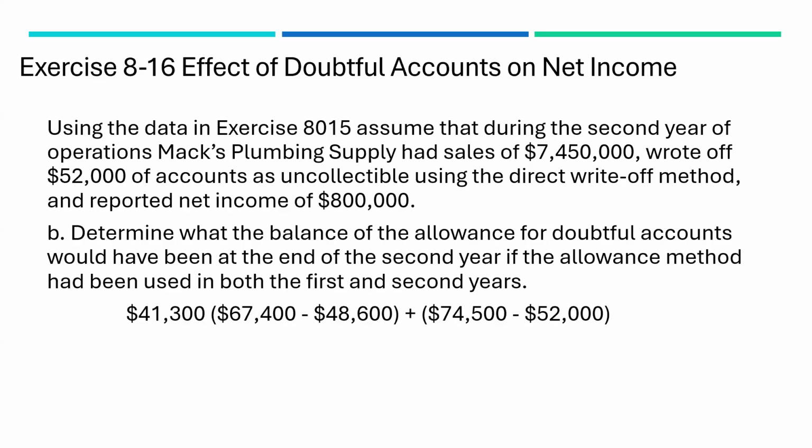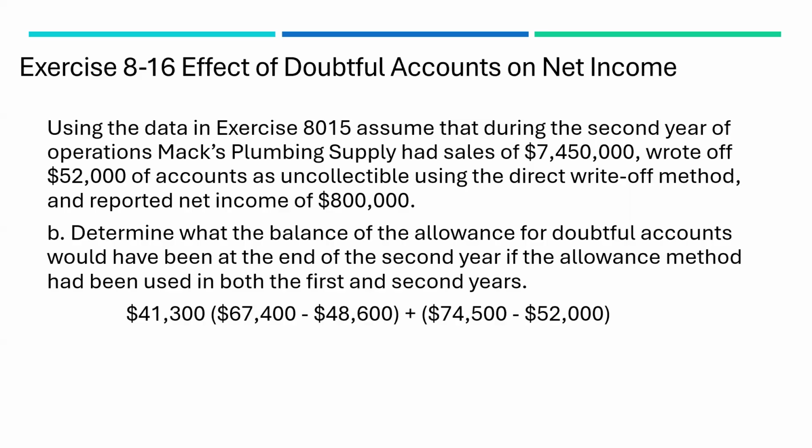Then over the year, we keep on debiting the write-offs, and then we make our adjustment, 67,400. Our ending balance is the difference between the two, which is about 19,000.